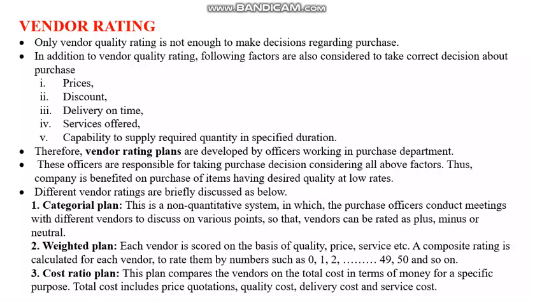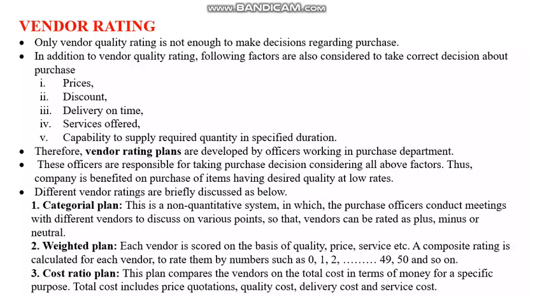Anyway, these officers are responsible for taking the purchase decisions considering all the above factors. So the company is benefited on purchasing of the items, purchasing good quality items at lower rates.